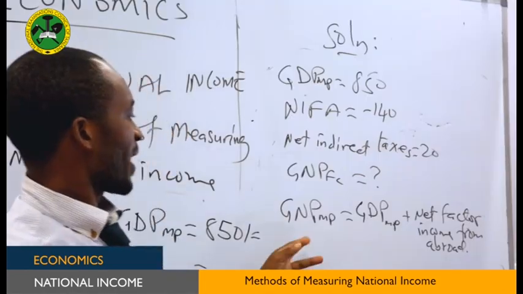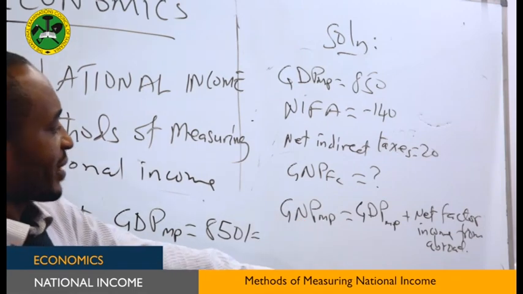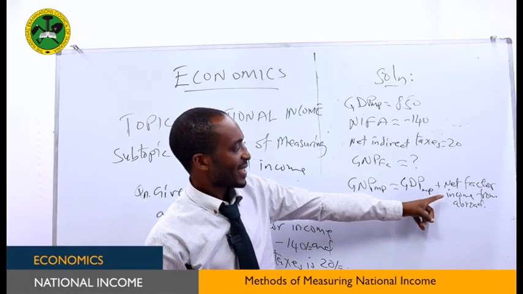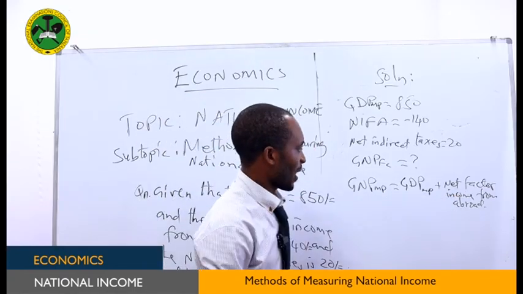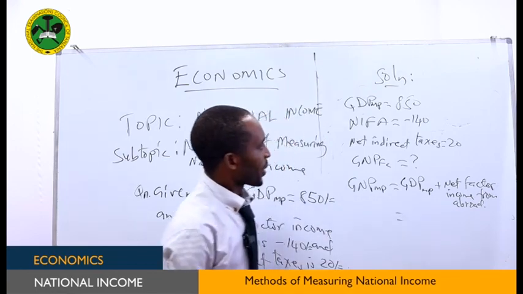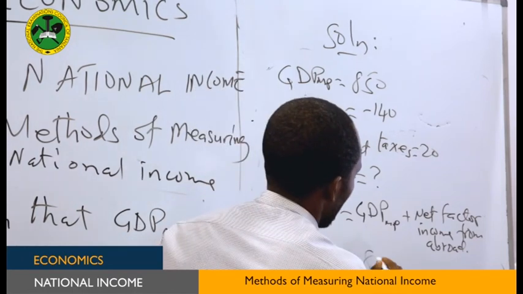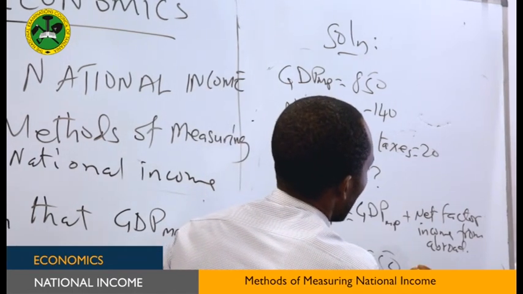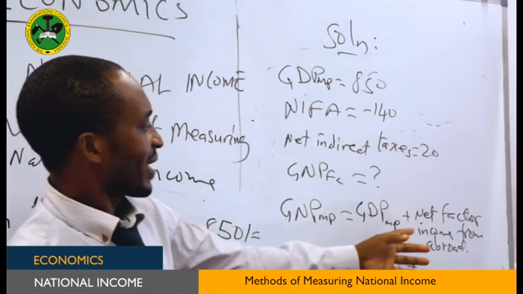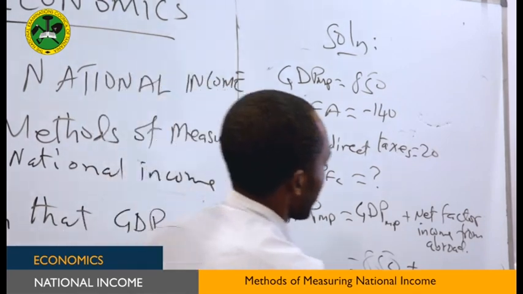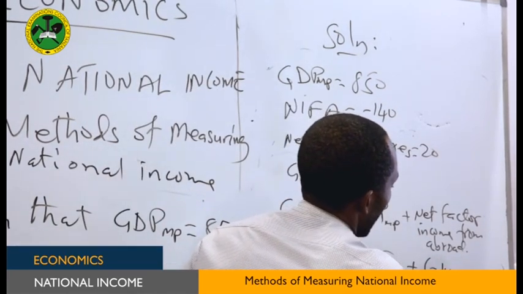Okay, so to obtain the GNP at market price, GDP at market price plus net factor income from abroad. Now we are given the GDP at market price, which is 850. Then you add the net factor income from abroad, which is negative 140.